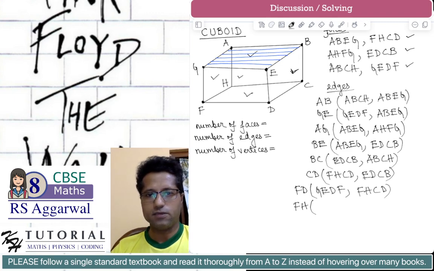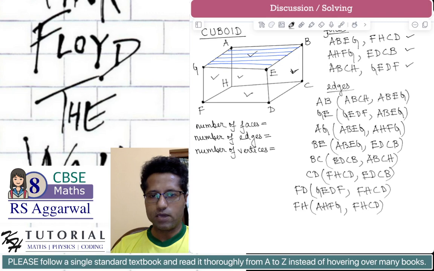For the edge FH, the two common faces are AHFG and the bottom face, which is FHCD. Let's consider the edge HC.